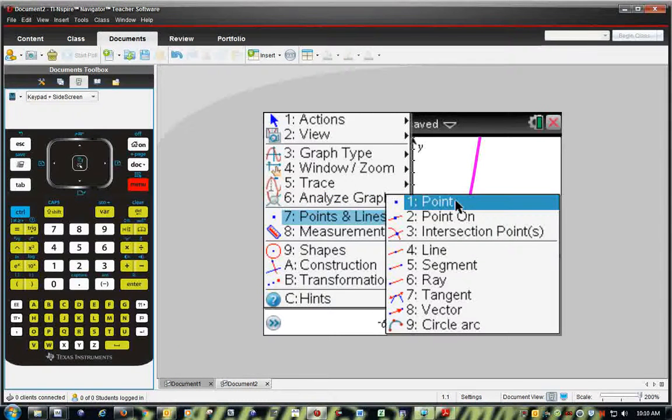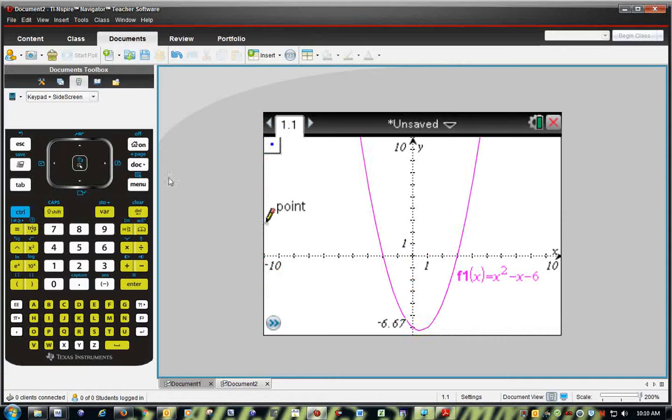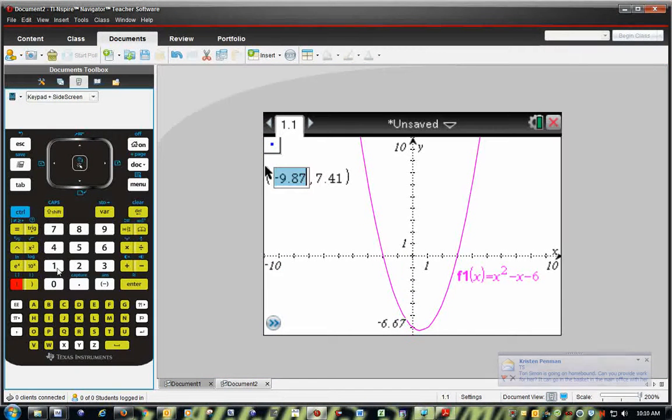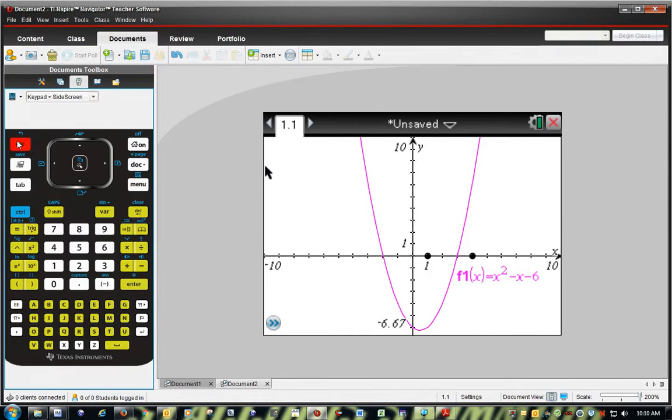I'm going to put points here, and I want 1, 0, and I want 4, 0, because those are my two points, or those are the region.